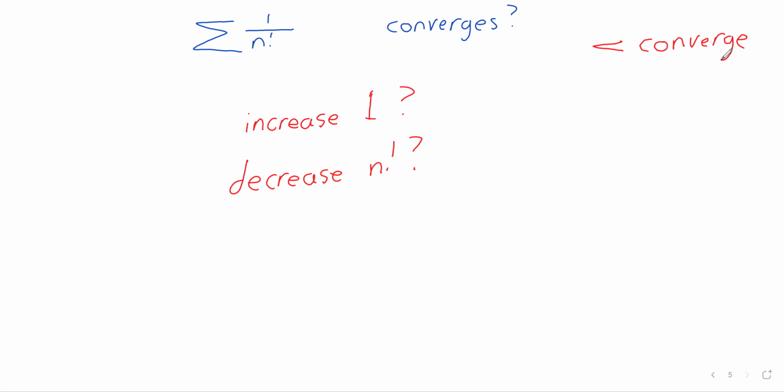We can do that, not in a way that's immediately obvious, but let's look at 5 factorial, for example. 5 factorial is 5 times 4 times 3 times 2 times 1.